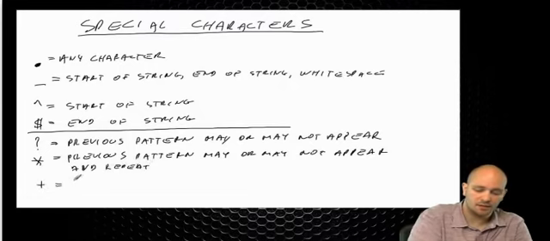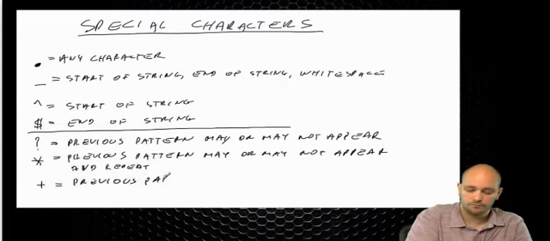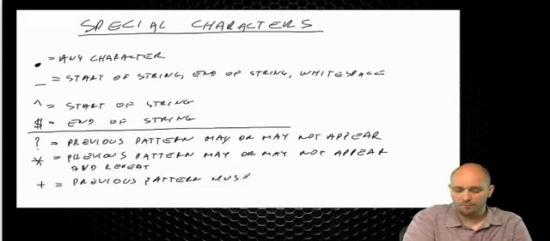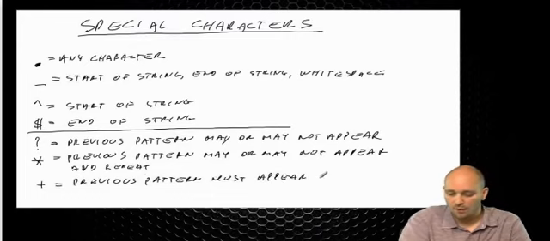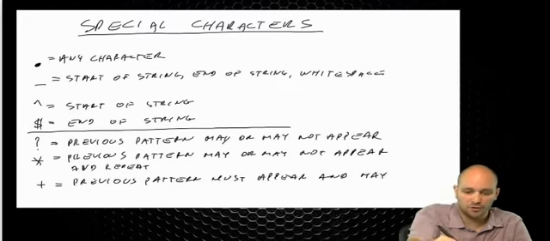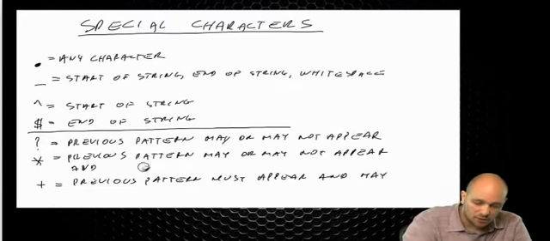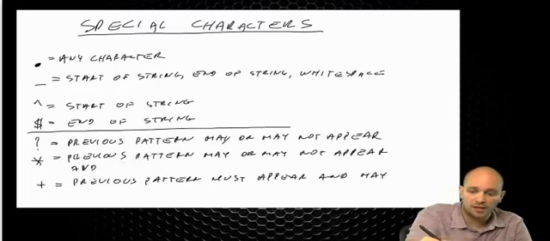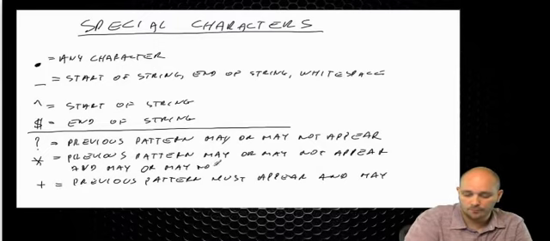Plus means that the previous pattern must appear, and may, or actually I should clarify this one here for the previous one, it may or may not appear, may or may not repeat.